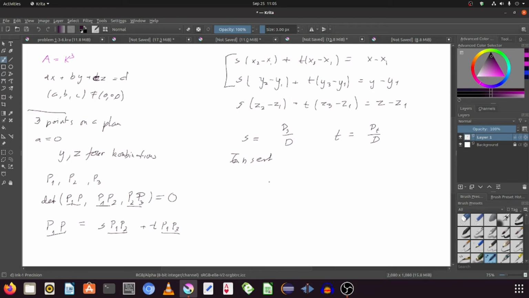And multiply by d. How about that? My hunch is that this is exactly the equation showing that P1, P2, and no, that's strange.